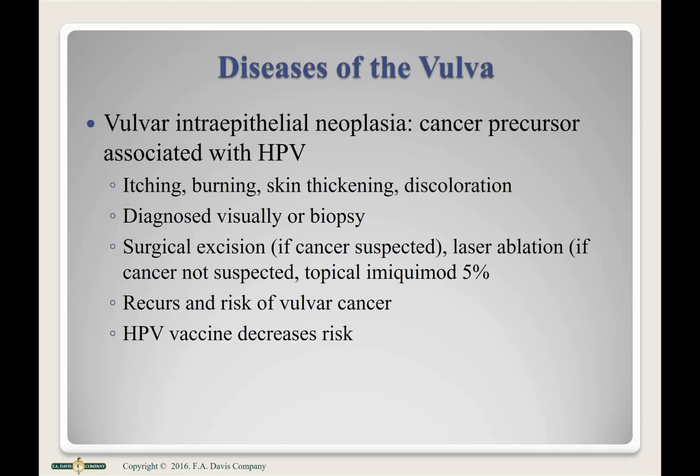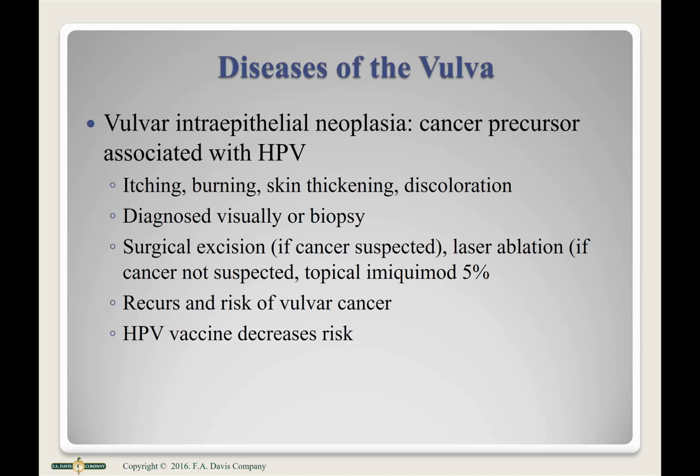And then the next kind, the vulvar intraepithelial neoplasia. This is a cancer precursor associated with the HPV virus. If this is a problem, then we need to biopsy. You can diagnose it visually, but typically biopsy is the hallmark diagnostic procedure.